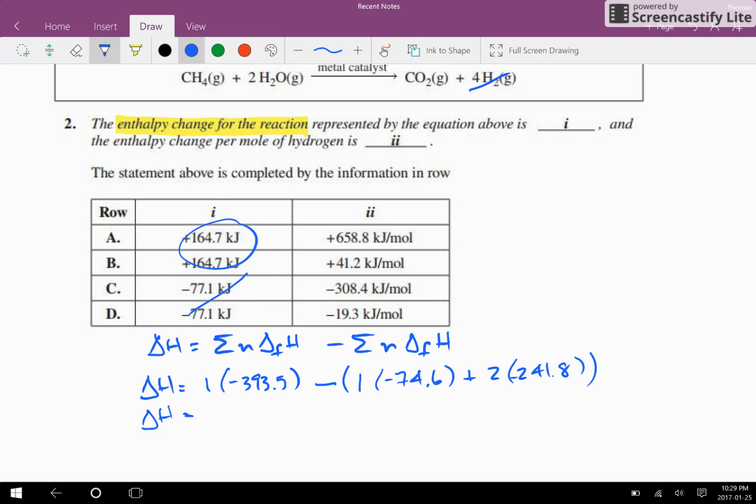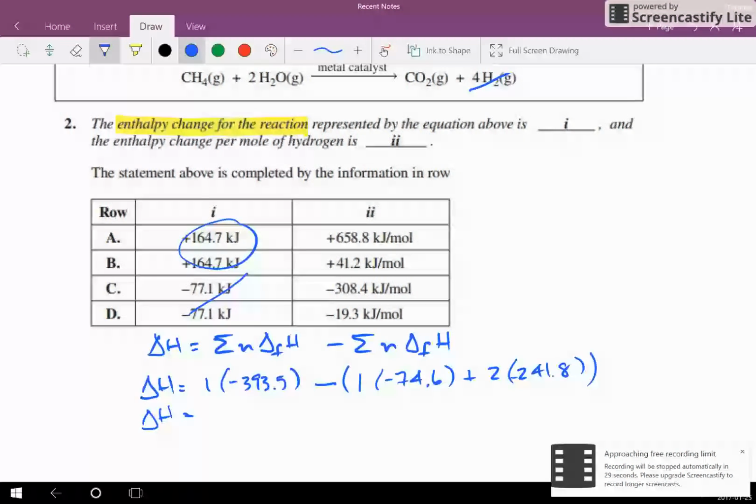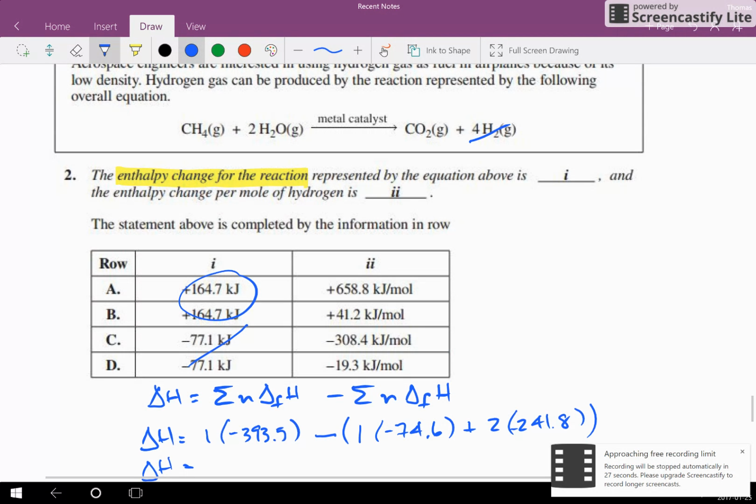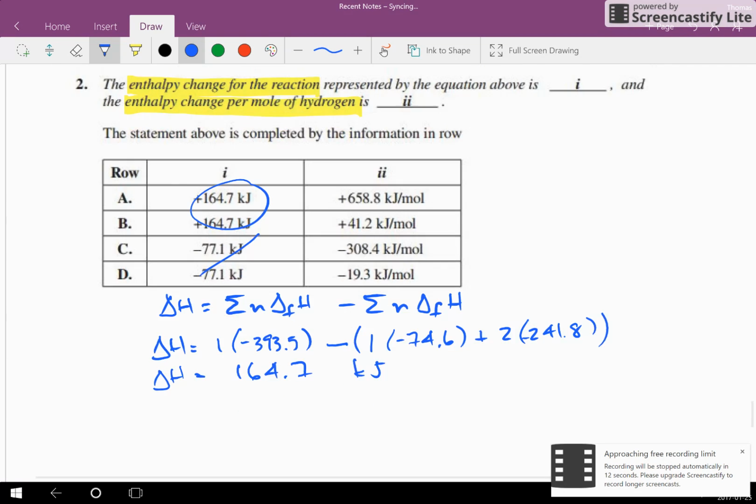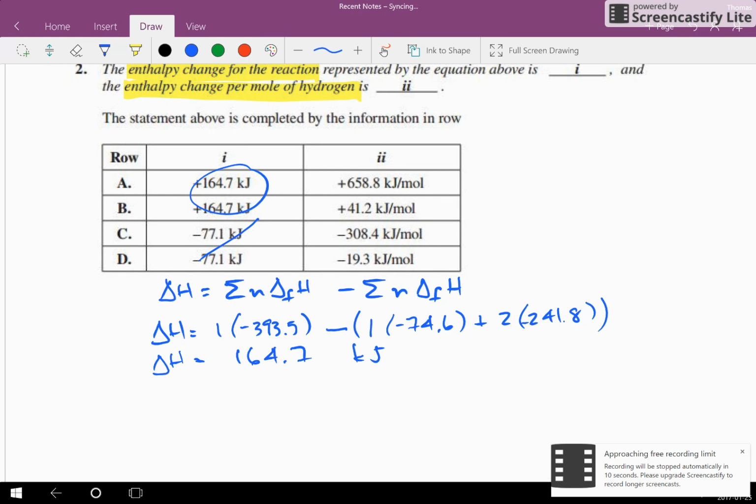We have that amount of energy for the whole reaction. And then lastly, it says, what is the enthalpy per mole of hydrogen? But we can see there's 4 moles of hydrogen, so we simply divide this value, 164.7 kilojoules, by 4. And when we divide that by 4, we can see that we get 41.2. And that's how we calculate.